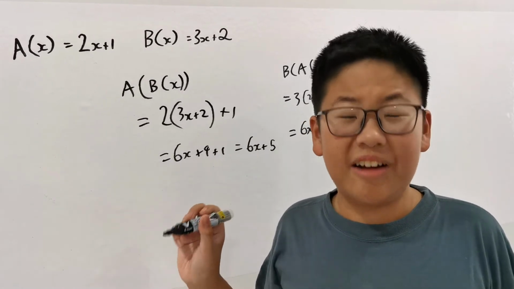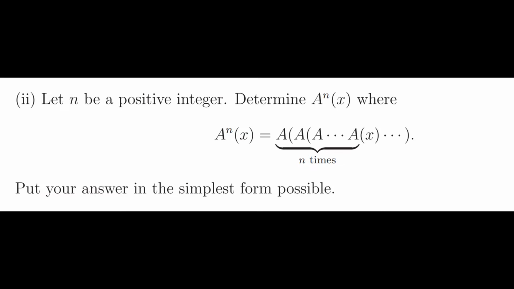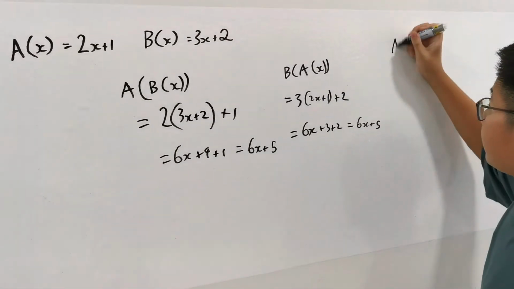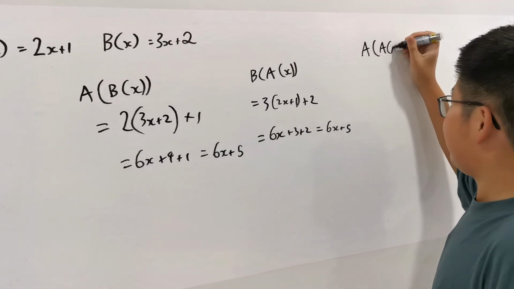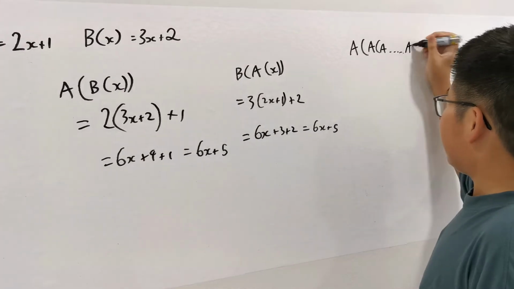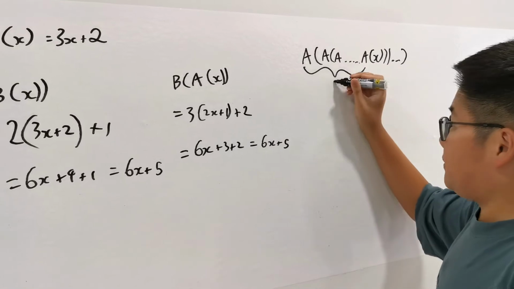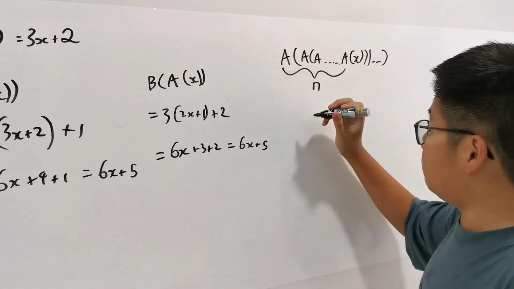Now, let's look at part 2. Part 2 asks us to find an expression for a(a(a(...(x)))) with lots of brackets, where the a is repeated n times.